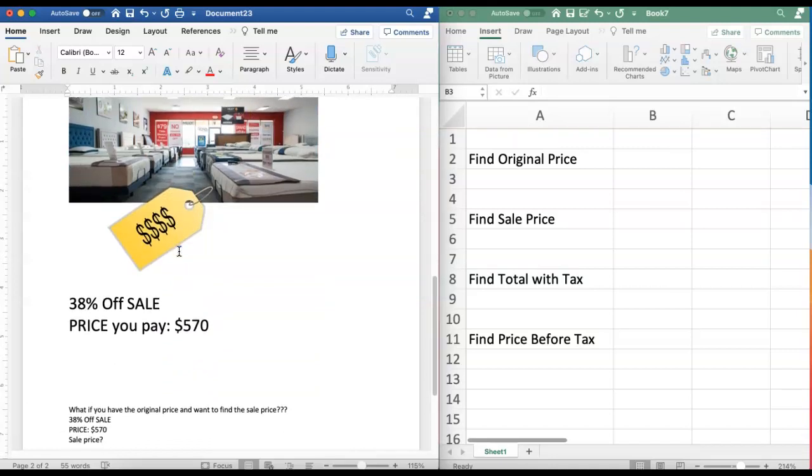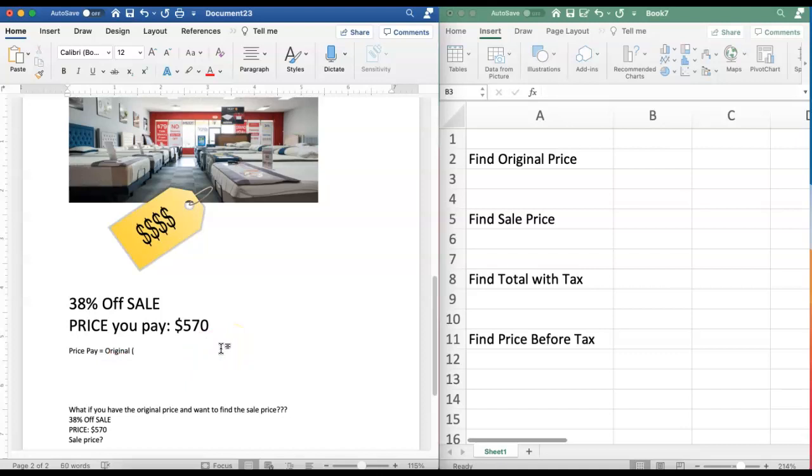What I like to do is think, if I was calculating this, I would have the price I pay, and that's going to be, well, they took the original and they multiplied it by the sale. Original.